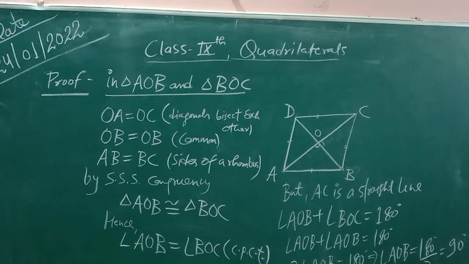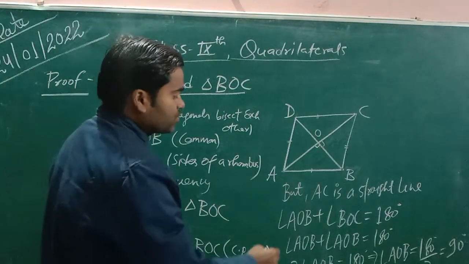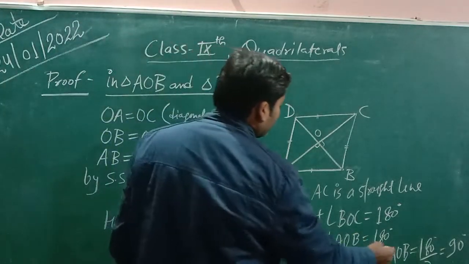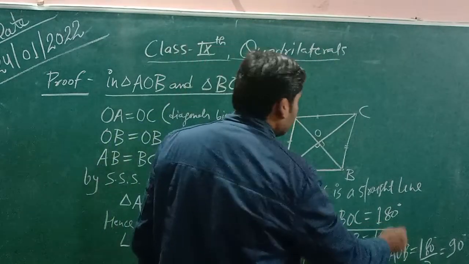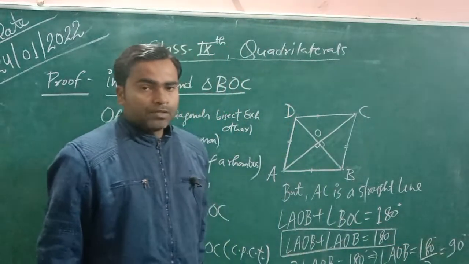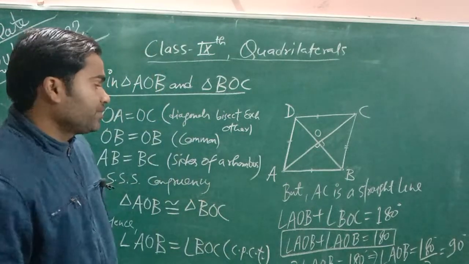If it is not visible to you, write it down by listening. AOB plus AOB is 2AOB. And when 2AOB is 180, you can write AOB is equal to 90. Hence proved.